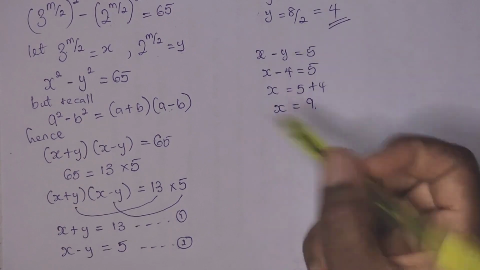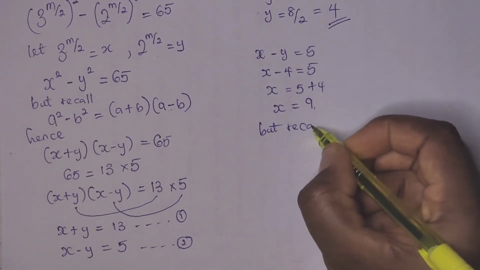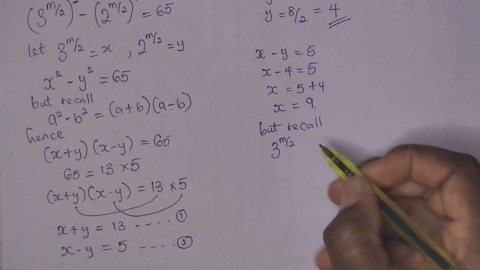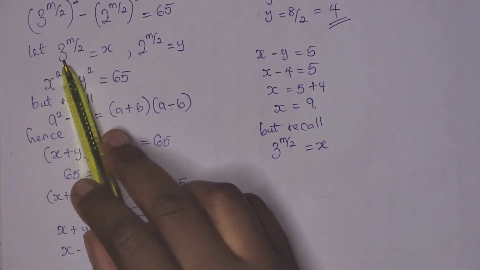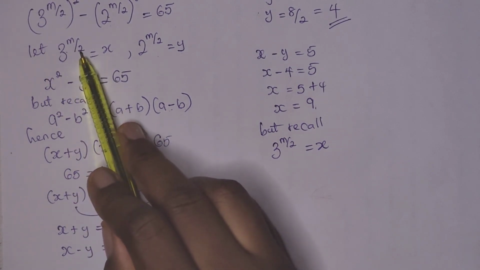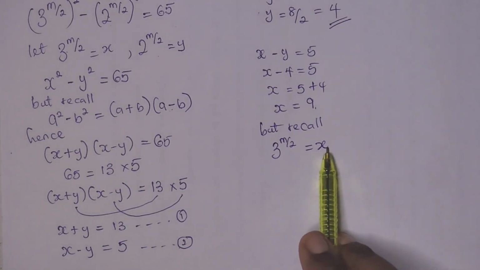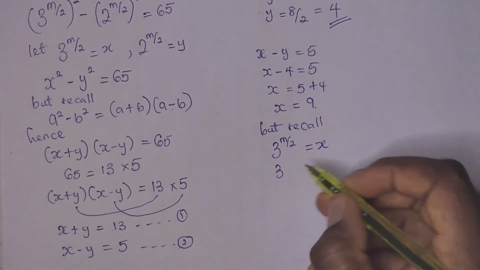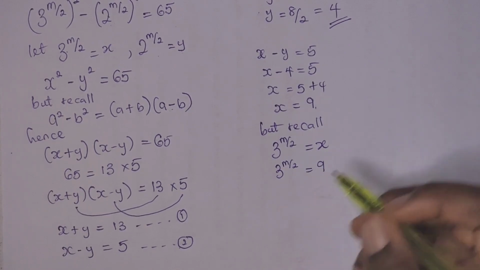But let's remember, recall 3 to the power of m over 2 is equal to x. We named x to be 3 to the power of m over 2. But since our x is 9, we'll then have 3 to the power of m over 2 equal to 9.